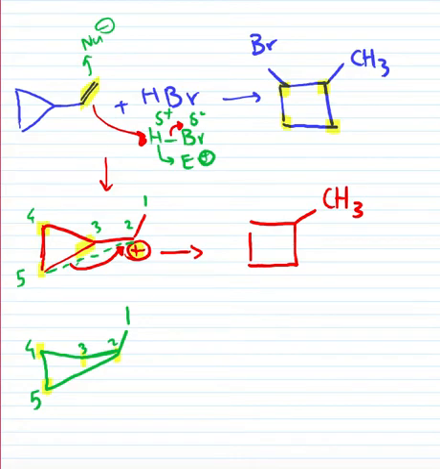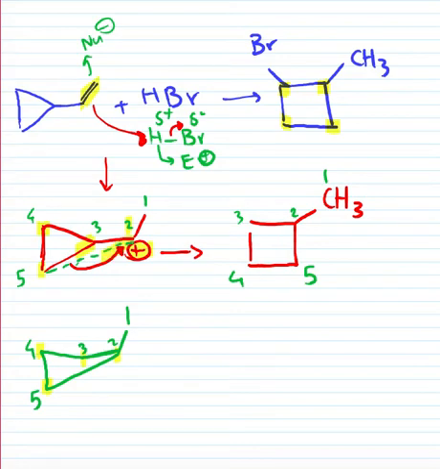So where do I put the positive charge? So again, this is where numbering becomes very helpful. So 1, 2, 3, 4, 5. And in our previous intermediate, the positive charge was on carbon number 2. But now, because we made that bond, this is no longer going to be positively charged.